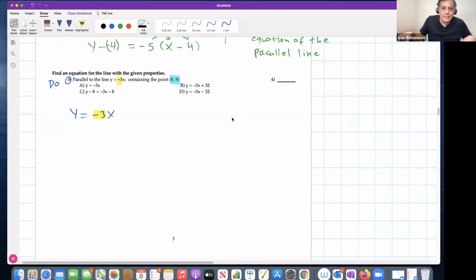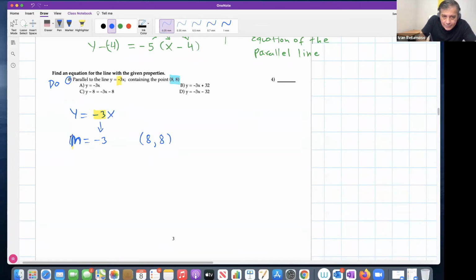If we extract the slope from the given line, then the slope should be just negative 3, because this is the slope of the given line. I take it because parallel lines have the same slope, right? And there is a point there, 8,8.